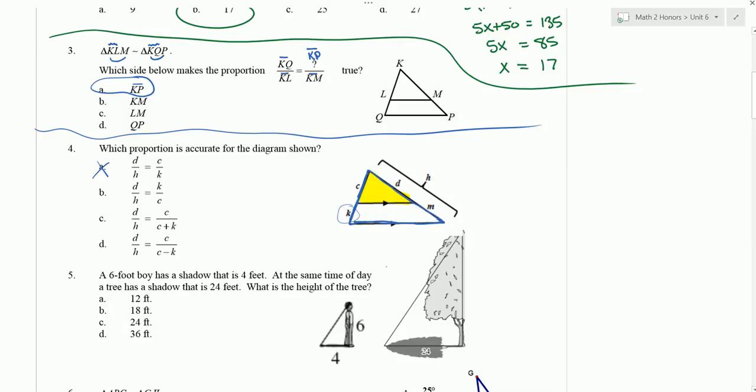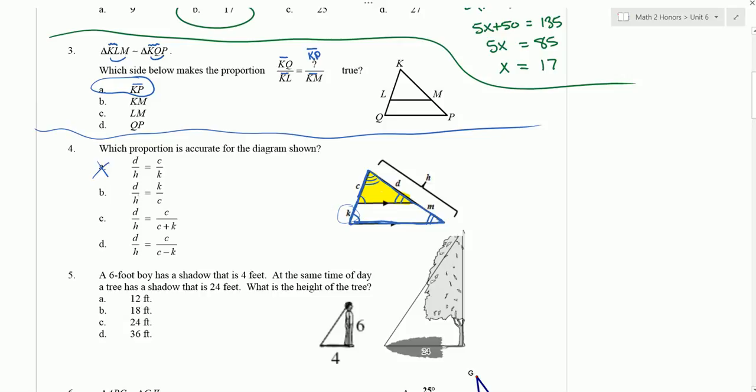Those two triangles are what we're referring to, and they're similar because by corresponding angles we have corresponding angles congruent, and they also share an angle, so angle-angle congruence.